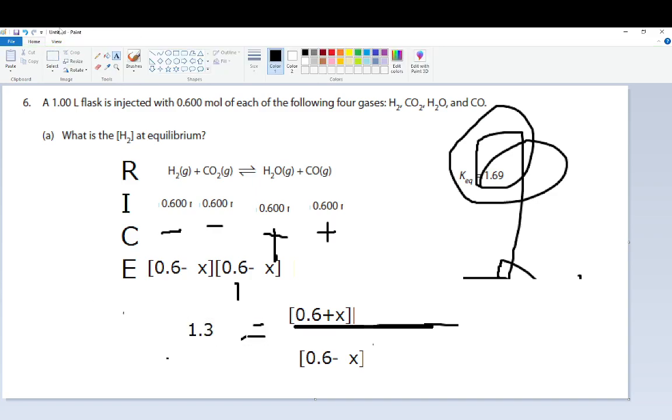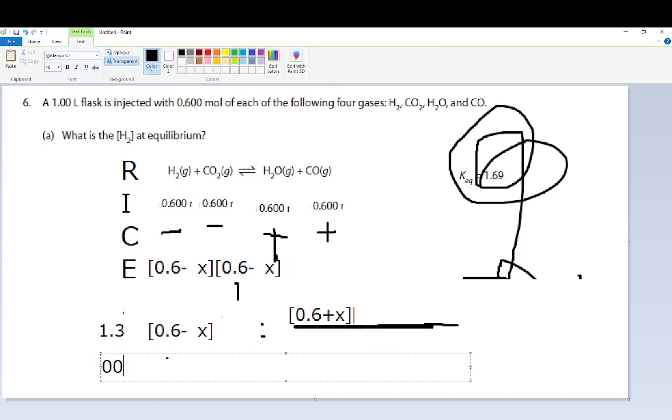Now I just multiply both sides by the denominator. I distribute it through. 1.3 times 0.6 is 0.78. I get 0.78 minus 1.3x is equal to 0.6 plus x.